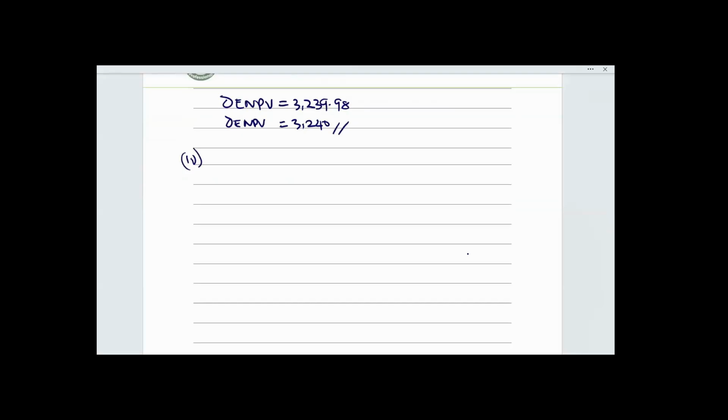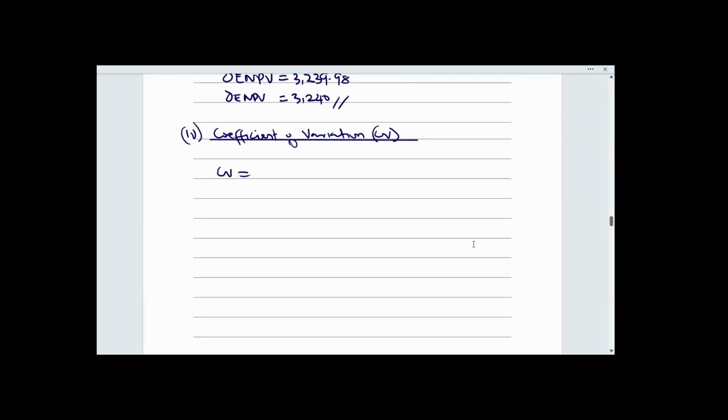Finally, number 4. You have to calculate the coefficient of variation, CV. Like I said, the formula you use depends on the standard deviation and expected value you have computed.